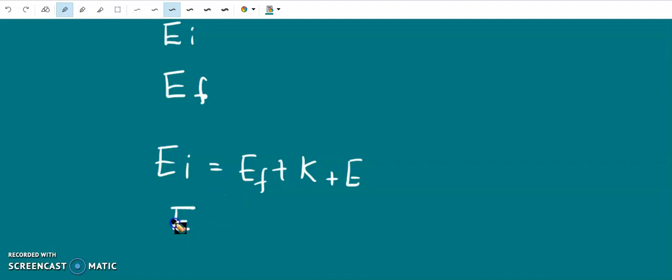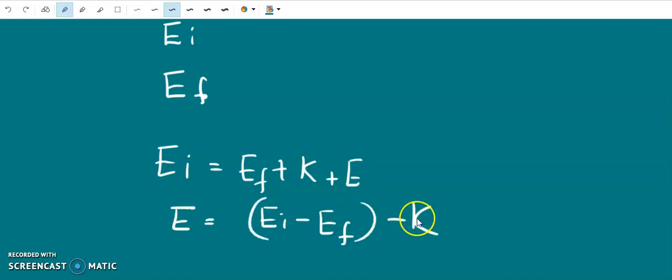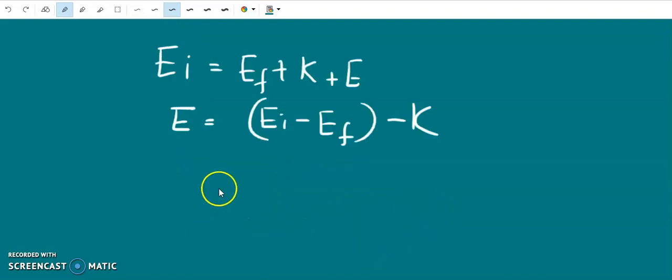So the energy of the emitted photon E is equal to EI minus EF minus K. So the energy of the emitted photon is equal to the net energy lost by the atom, EI minus EF, minus a negligibly small contribution due to the recoil kinetic energy.